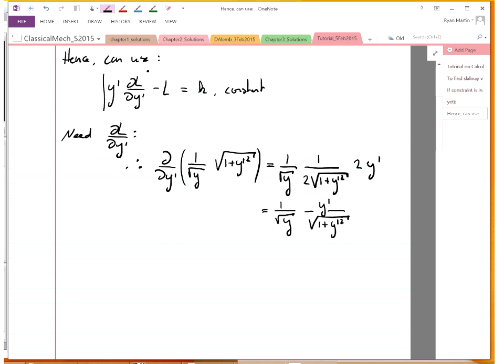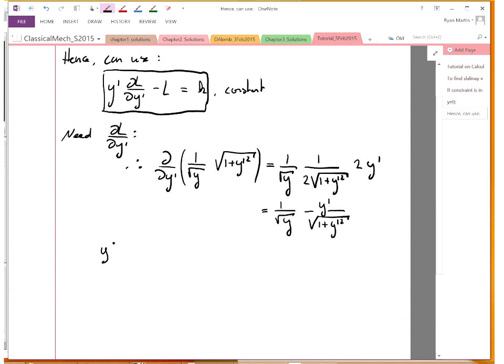So let me plug that all in now to our equation, the boxed equation. You can refer to it as the boxed equation. So plugging this into the boxed equation, I have y prime times the thing we just wrote out.